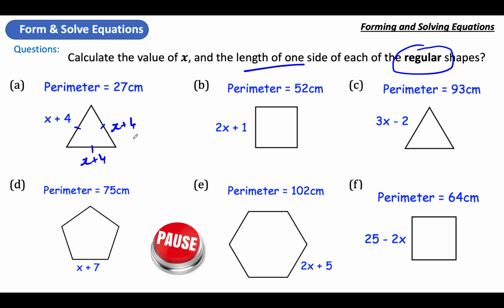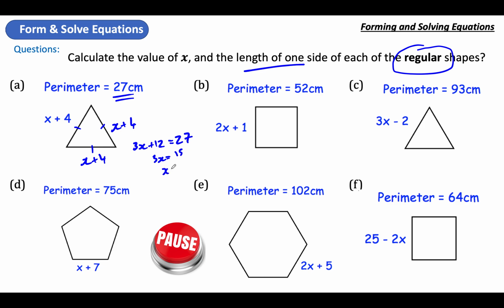which means when I form my equation, I'm going to add all these together. So x plus x plus x is 3x. 4 plus 4 plus 4 is 12. And it tells me that the perimeter is equal to 27. So there's my equation. Then I take away 12 from both sides to get 15.